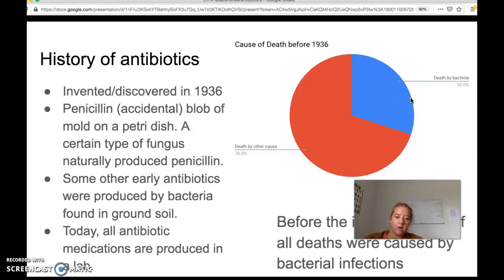So if they had antibiotics before 1936, they could have easily cured these people that were dying of a bacterial infection. 70% were by other causes, but this advent of the antibiotics is very, very important to our medical and technology history, right? Our advances.